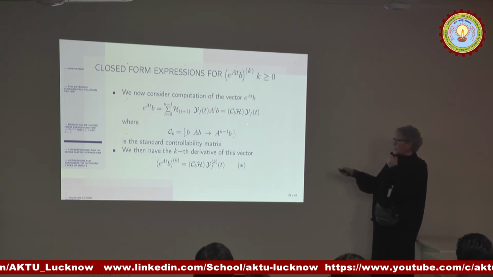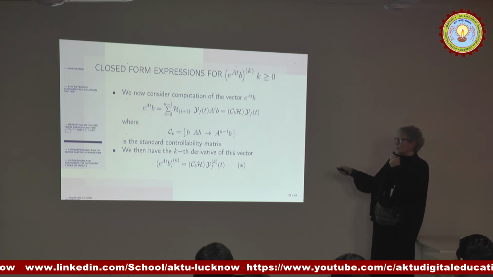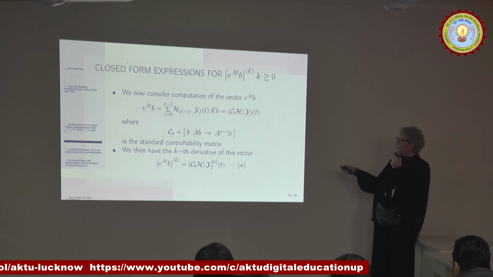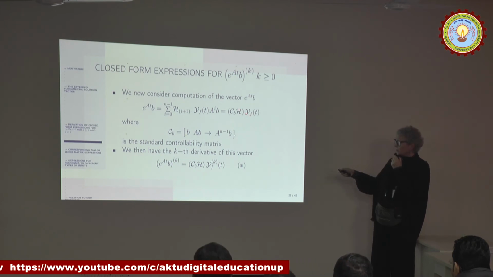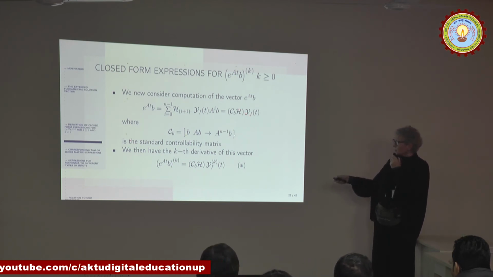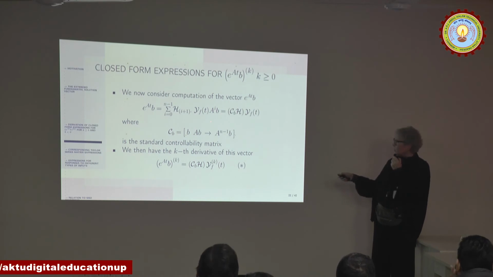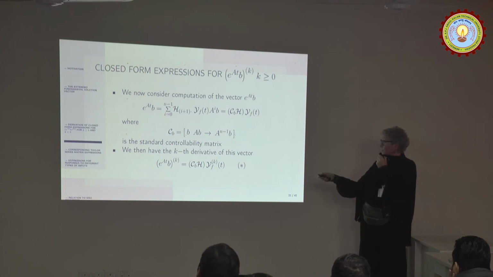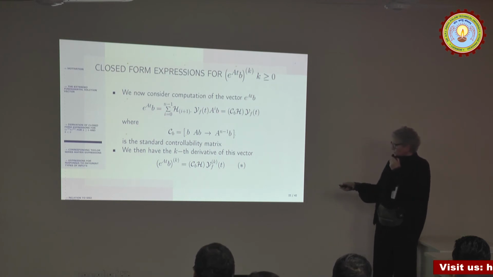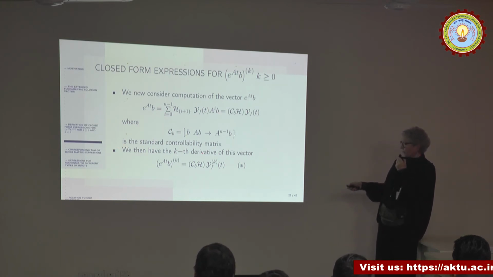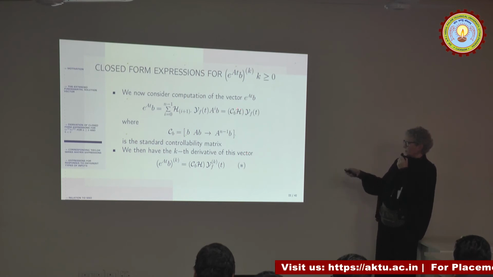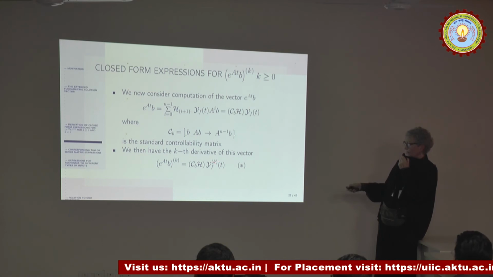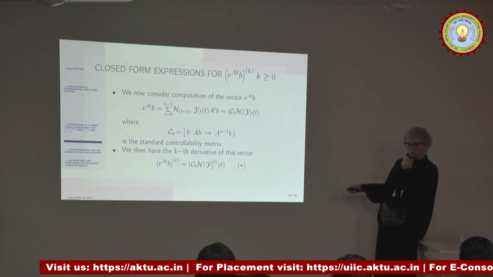We can see that we can actually write this as the controllability matrix times the Hankel matrix times the fundamental solution. So this is the standard controllability matrix here. So that's a nice little form for this expression. We then have the derivative of this vector. Obviously, these are constant matrices, so we only need to differentiate the fundamental solution vector here.